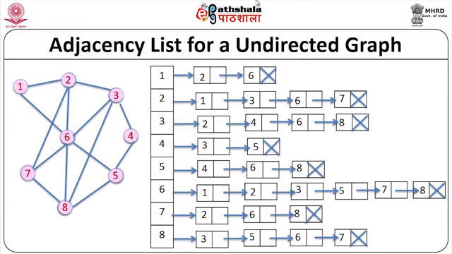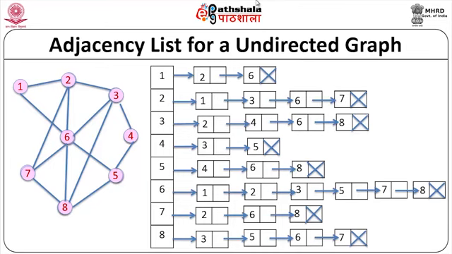So if you take 1 as undirected, it has 2 and 6. 2 has 1, 3, 6 and 7. 3 has 2, 4, 6 and 8. 4 has 3 and 5. 5 has 4, 6 and 8. 6 has 1, 2, 3, 5, 7, 8.